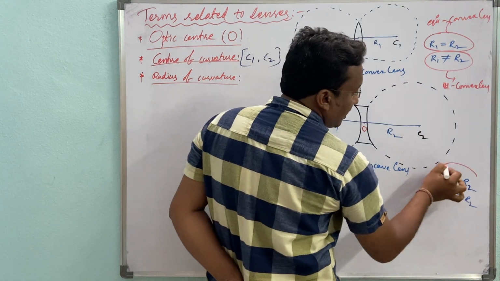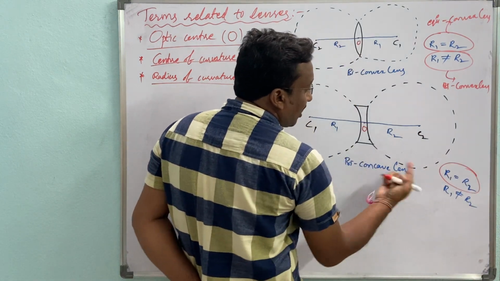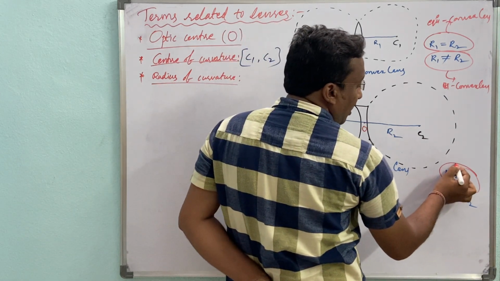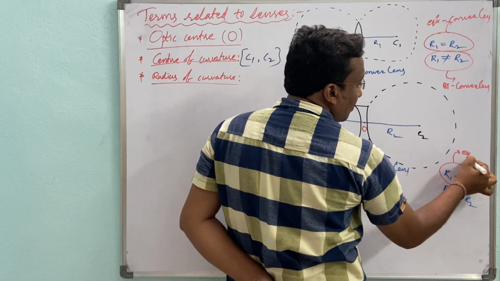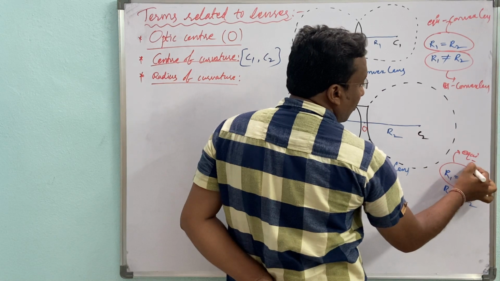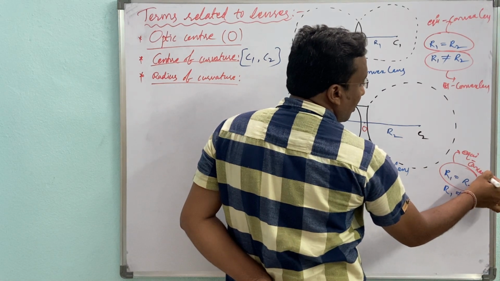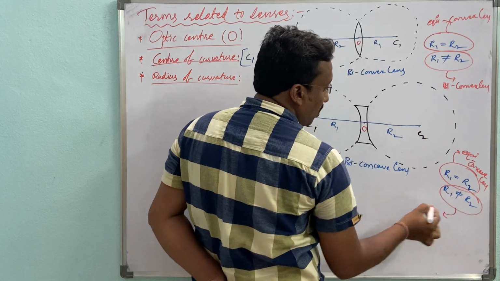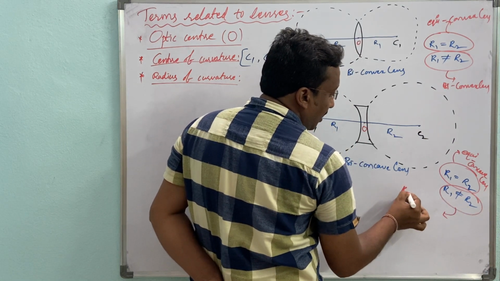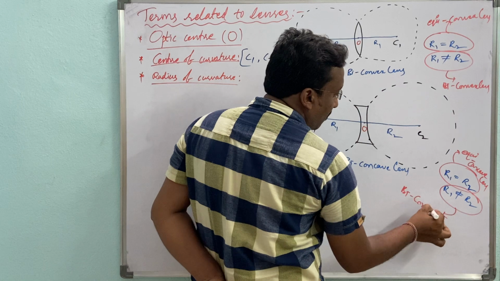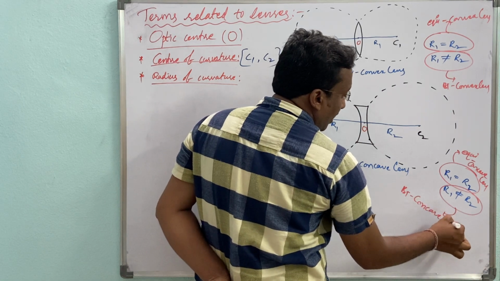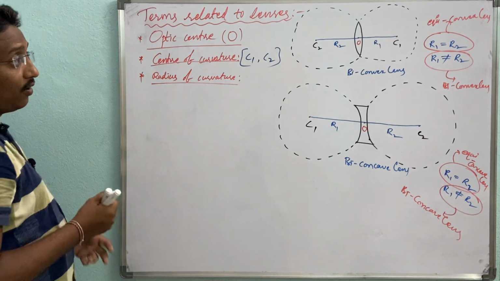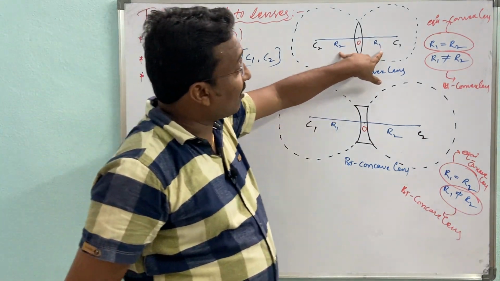In the case of a concave lens, if the radii of curvature are equal, it is called an equiconcave lens, and if different, it is called what? Biconcave lens. Got it? Based on radius of curvatures.